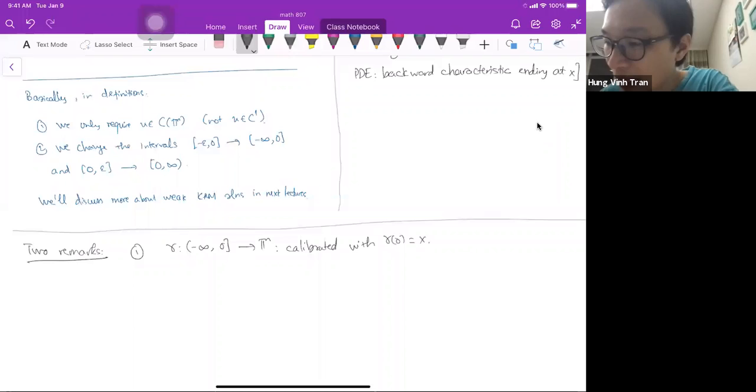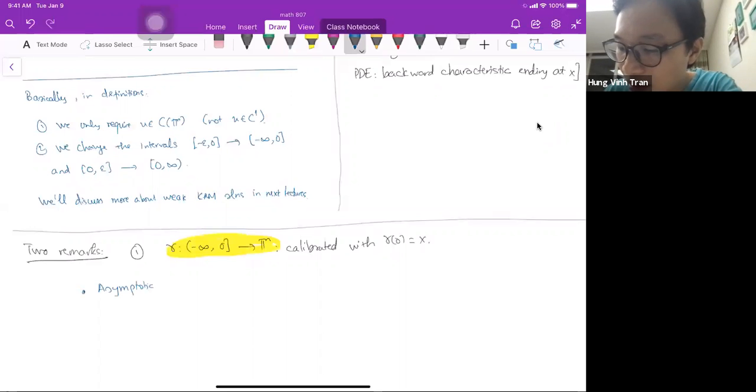So you have this gamma here. Later on, we're going to talk about the asymptotic behavior of gamma. I can also think of gamma as a curve from minus infinity to 0 into R^n.